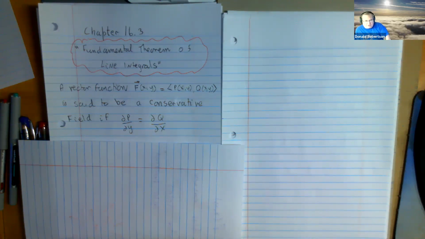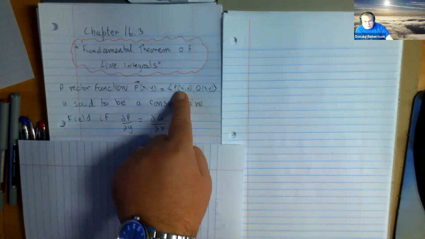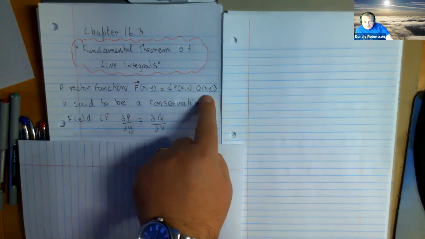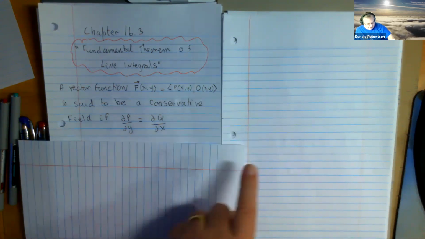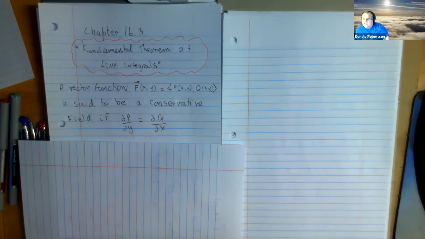So if you get a question that says, is this function a conservative field, what you will do is differentiate the first part with respect to y and the second part with respect to x. If they are equal to each other, you will say yes, it is a conservative field. If they're different in some way, even just a little bit, you'll say no, it is not a conservative field.